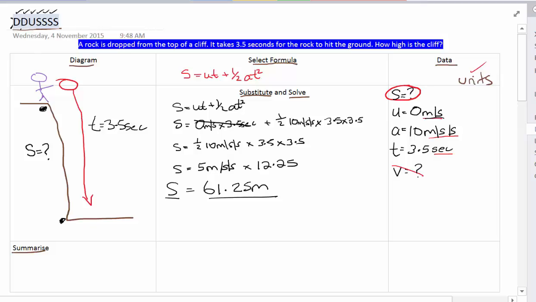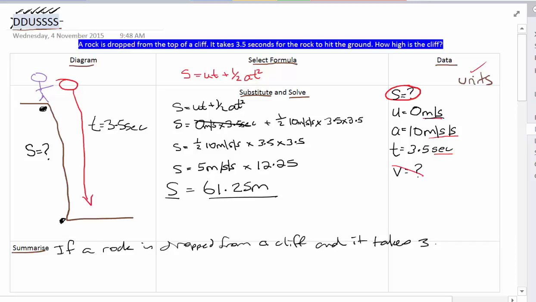So I've done the diagram, I've done the data, I've done the units, I selected the formula, I substituted, I solved, and my last step now is to summarise. And so down the bottom here we are going to summarise it, and to summarise we usually go back and look at the question and incorporate the question in. So we'll say the rock is dropped from a cliff and it takes 3.5 seconds to hit the ground.